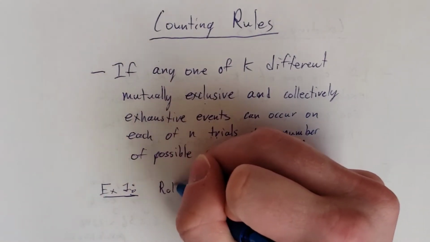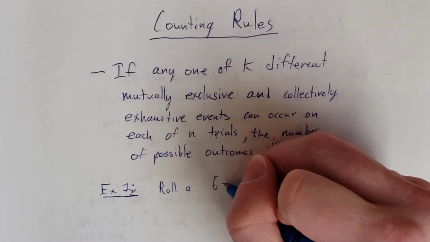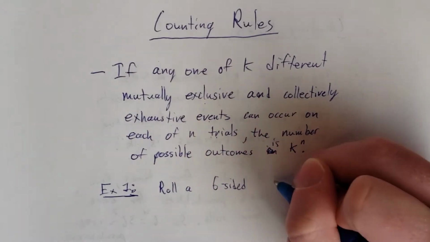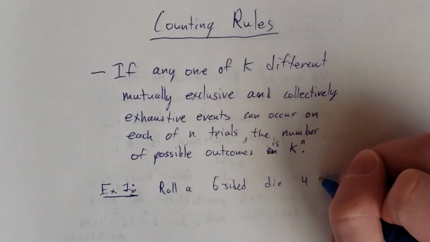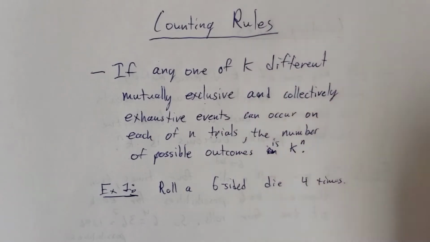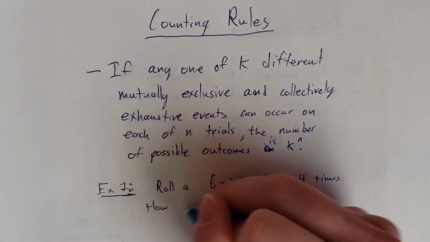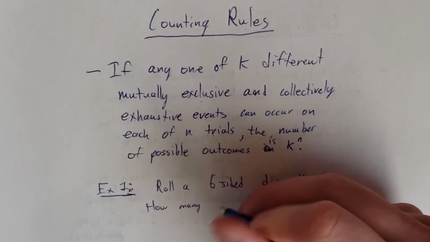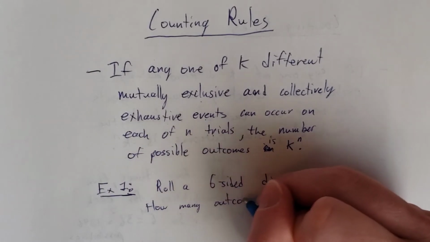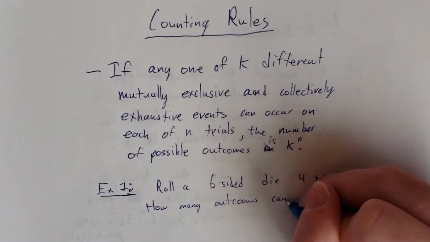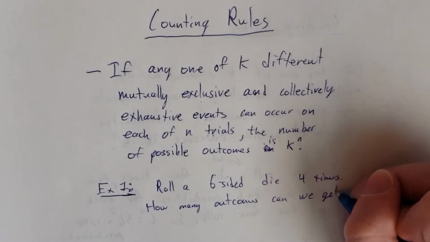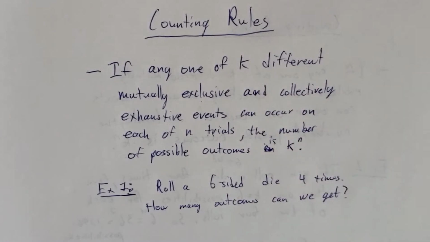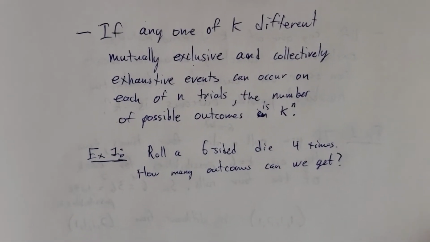Let's suppose we roll a 6-sided die 4 times. How many outcomes can we get? Pretty straightforward question.